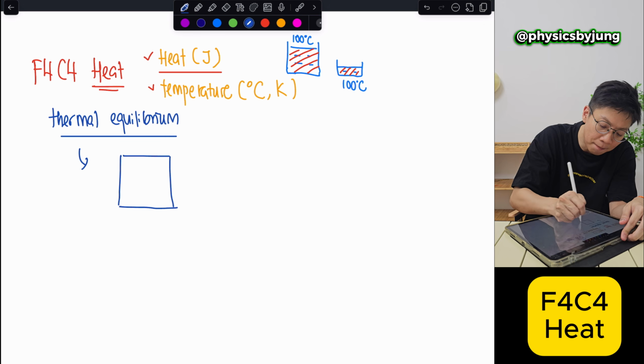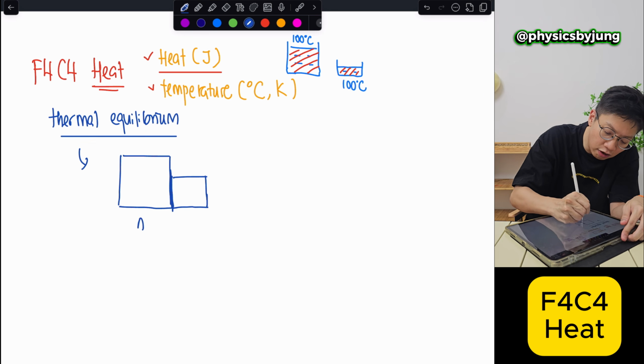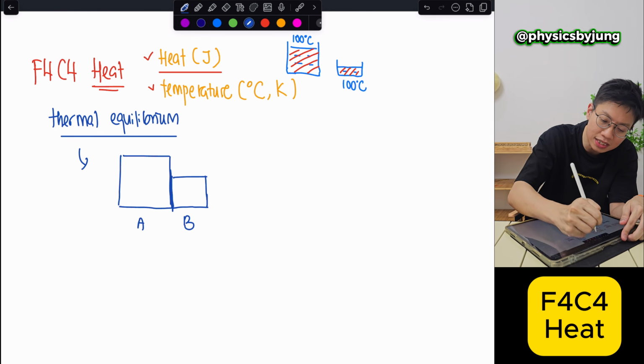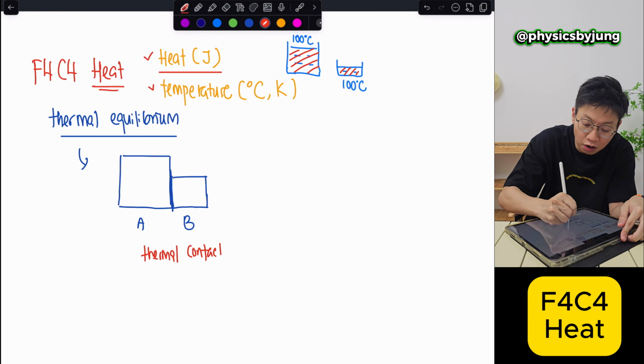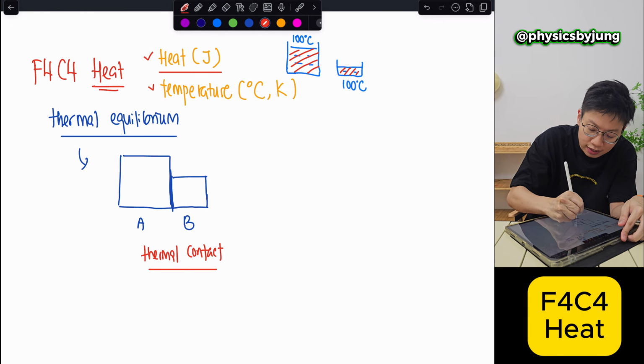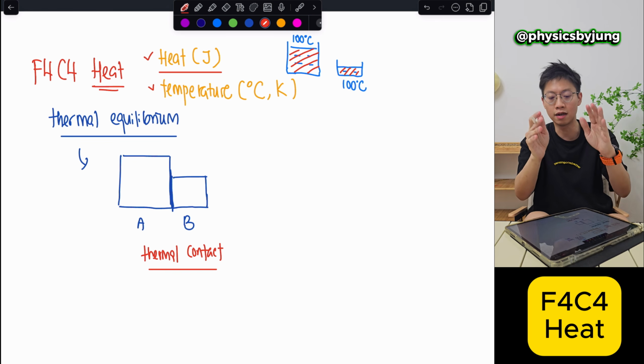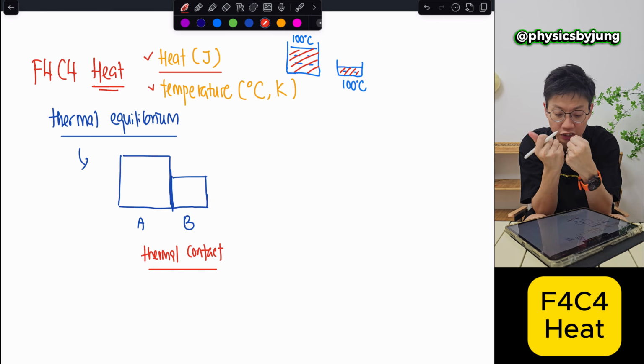Now, for example, if I have two objects that are touching each other, we will say that the two objects are in thermal contact. So guys, thermal contact means they have temperatures and they are touching each other.